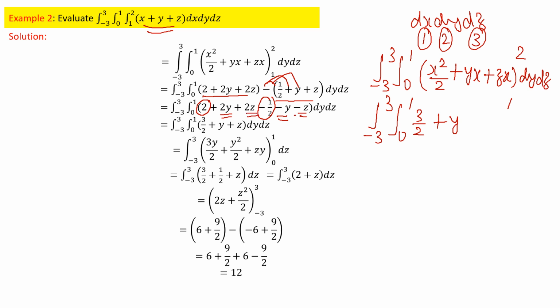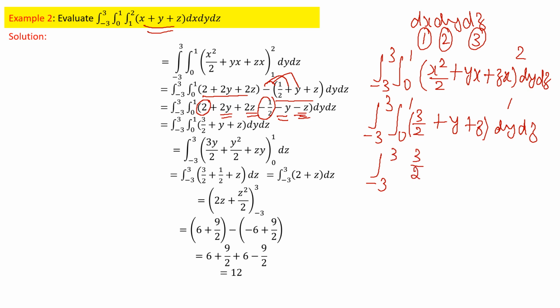Similarly, 2z minus z, this will be plus z. So still we have dy dz. So now let me keep the outside integral minus 3 to 3 as it is.